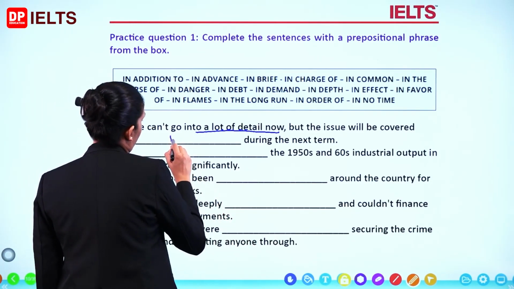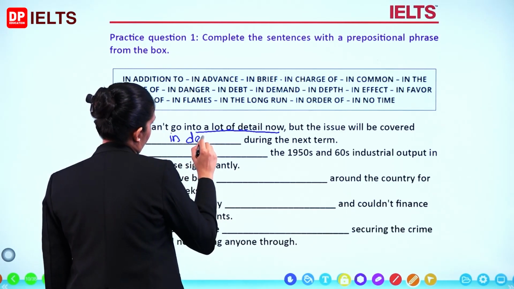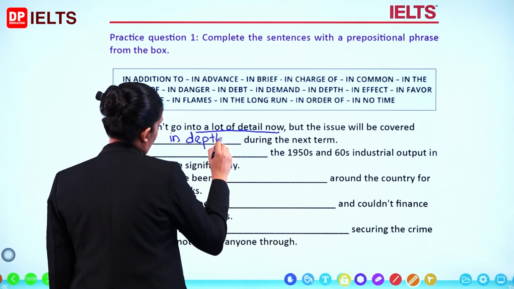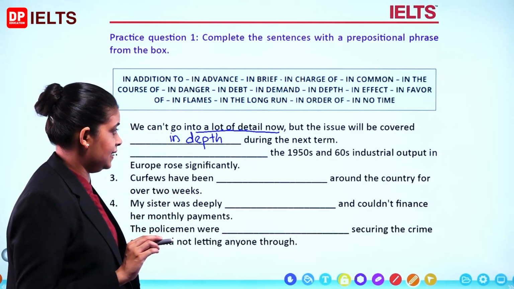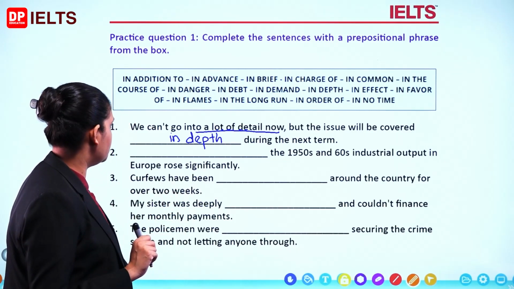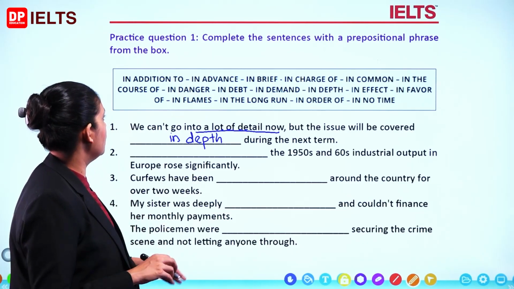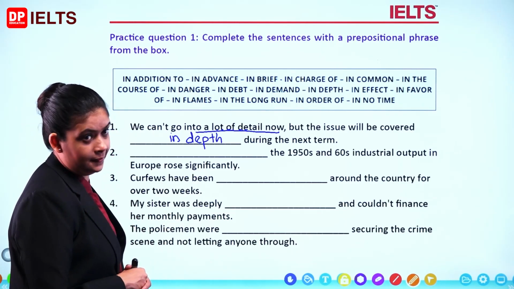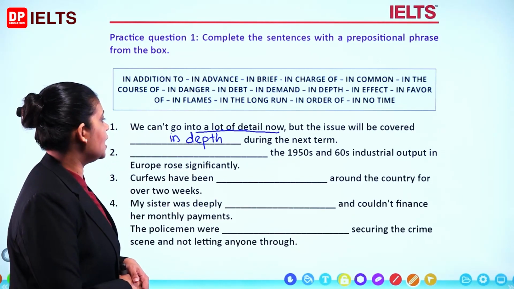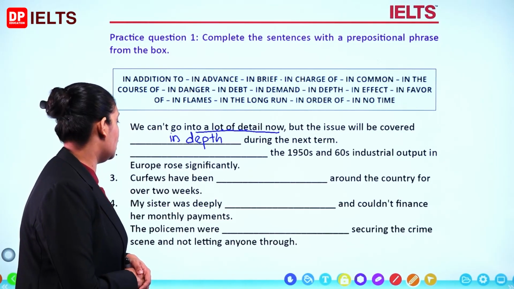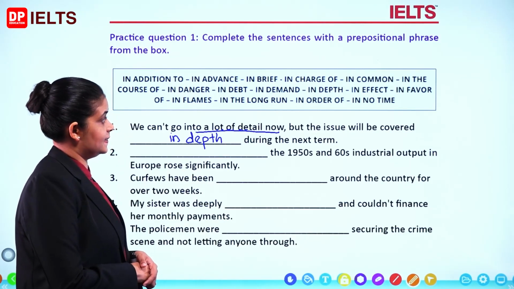Okay, in depth. Blank, the 1950s and 60s, industrial output in Europe rose significantly. So what kind of word could come here? Curfews have been blank around the country for over 2 weeks.